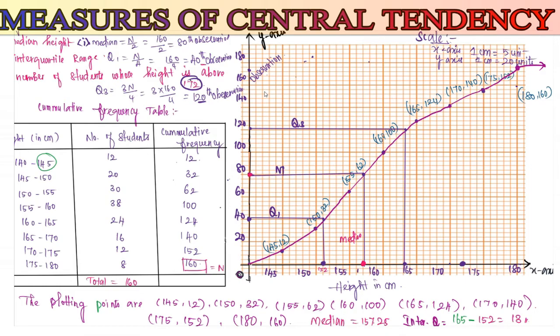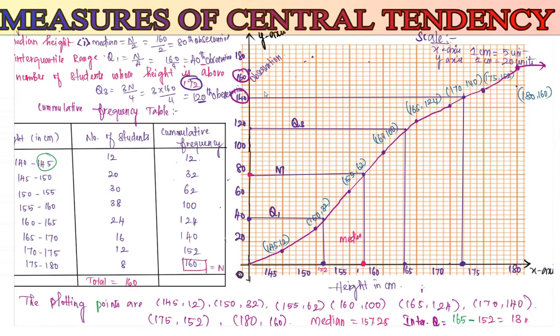Next, where it intercepts the curve, from there you have to draw the horizontal line to the y-axis. Now we got 140. So from 160 if you subtract 140 you are going to get 20 students.